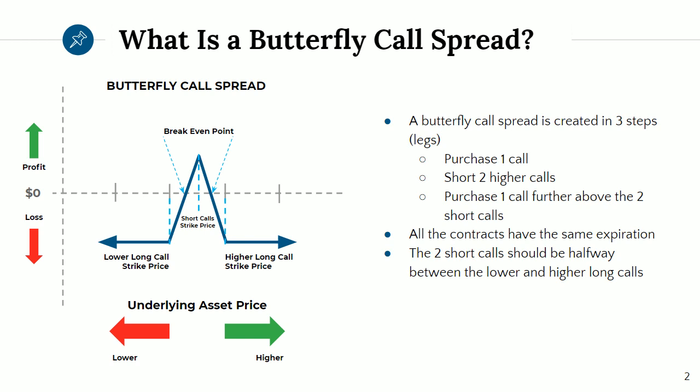And then once it gets to a certain point, the break-even point will move back into loss territory. And if it keeps going and it crosses above the higher strike, so if it blows through the lower long call, the two short calls in the middle, and the higher call on top, then actually you're going to end up with no profit.